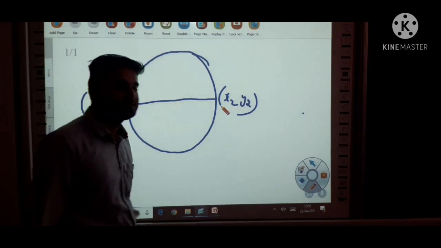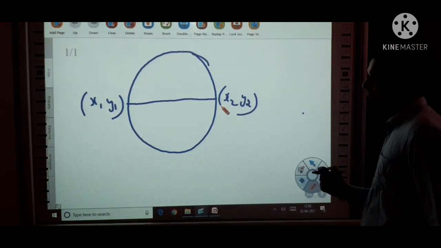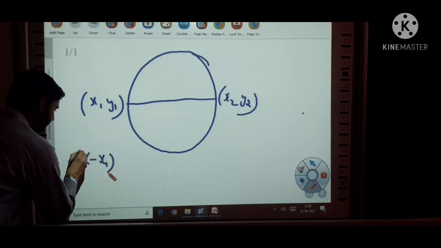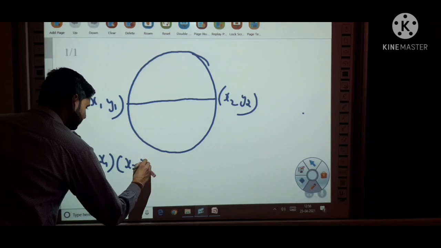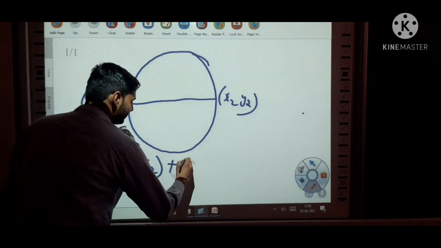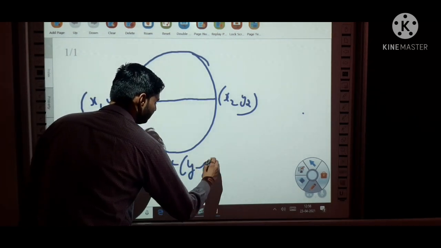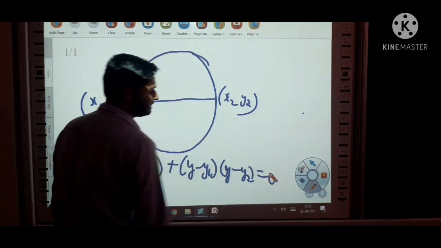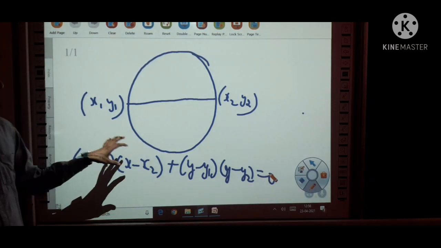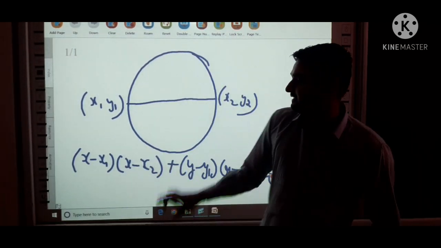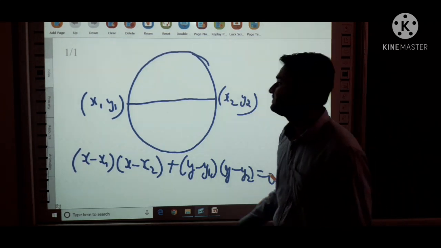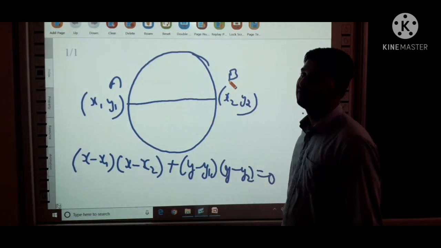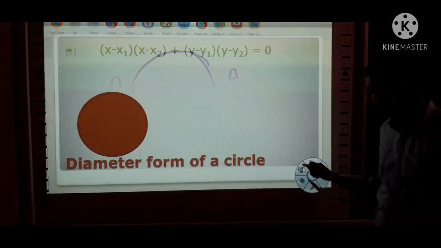So how to find the equation of that circle? For that we have the formula: x minus x1, x minus x2 plus y minus y1, y minus y2 is equal to 0. So this is the diametric form of the circle, where x1 y1 and x2 y2 are the coordinates of the diameter endpoints.